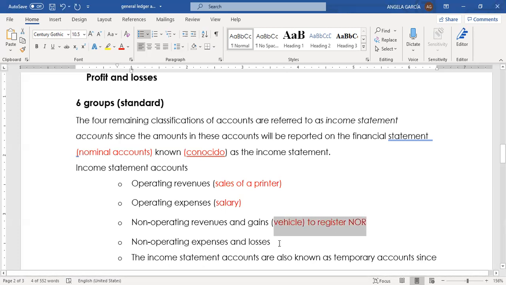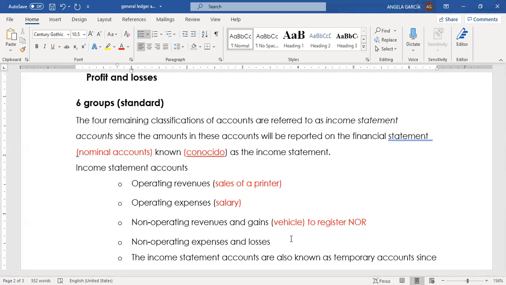Non-operating expenses and losses. Let's say that you are selling the vehicle, but in that transaction, you are not gaining any peso. So, si no estás ganando un peso, entonces significa que tienes un gasto. Tienes un gasto en esa venta.